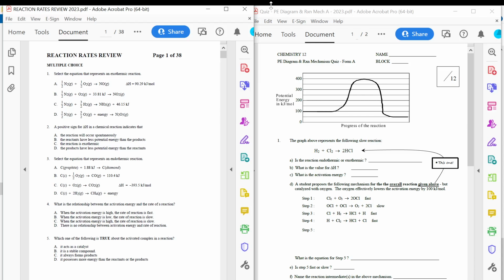No. So when you have an exothermic reaction, the products are lower potential energy, so they're more stable. Which is one of the reasons why exothermic reactions are much more common than endothermic reactions.